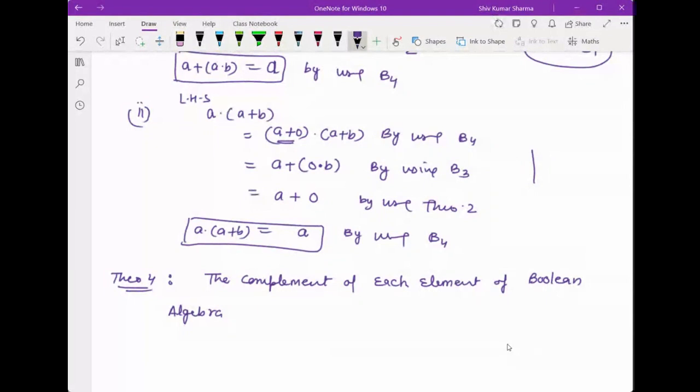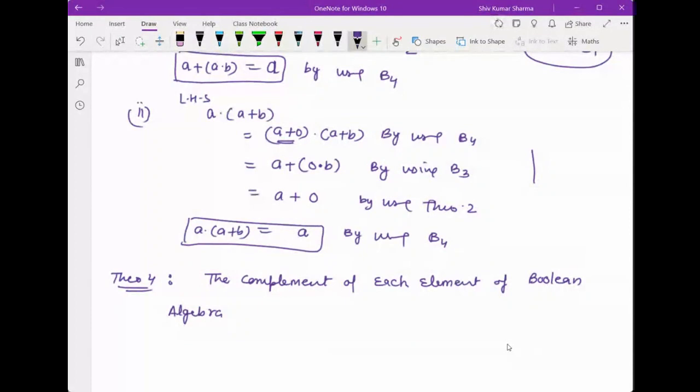That means the complement cannot be 2 or 3. The complement of any element is always unique. That means 0's complement is 1 and 1's complement is 0. There cannot be 2 or 3 complements of any element.